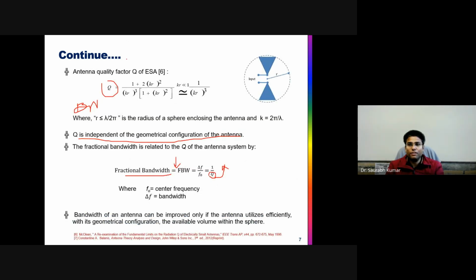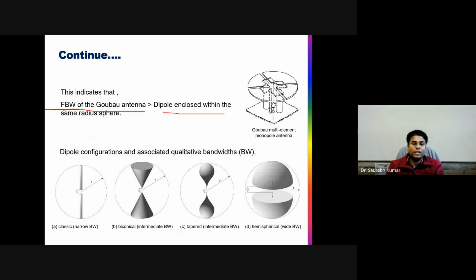You can see here that your antenna is enclosed within this arbitrary sphere of radius r, and if you are able to design an antenna that utilizes the same maximum linear dimension, but with the space efficiently utilized, then you can see that the Goubau antenna, whose maximum linear dimension is the same, is multi-element.